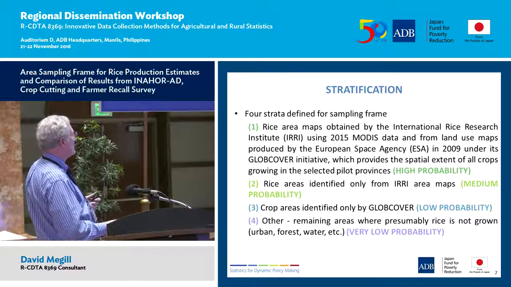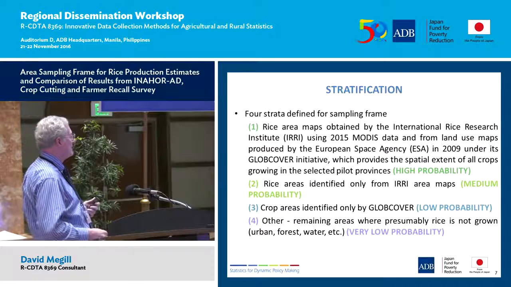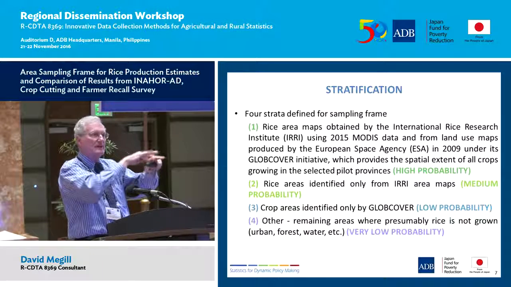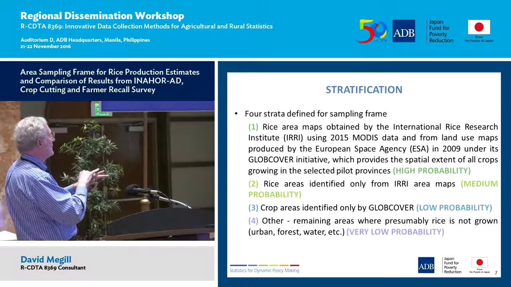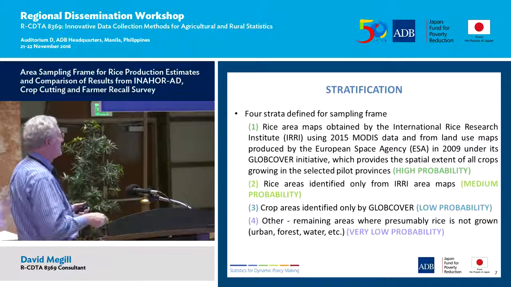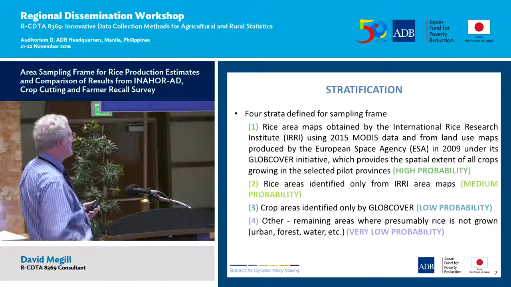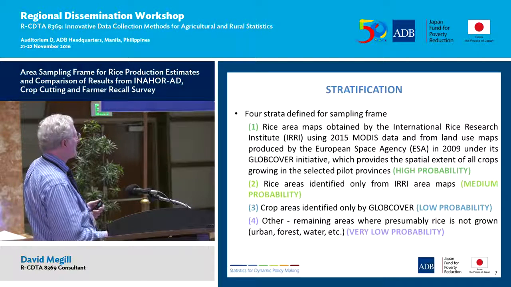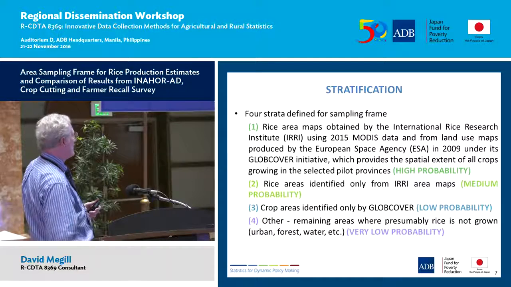The next stratum was areas identified only on the IRRI area maps. So these were overlaid, and you found which areas were covered with rice in both IRRI and GlobCover. The other was only in IRRI, and the third one were areas identified only by GlobCover as having rice. So these have a smaller probability.